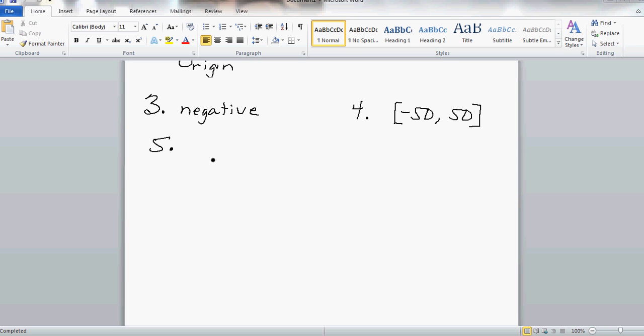Example number 5 asks, how often does the line y equals 20 intersect the graph? Well, y equals 20 is the horizontal line going where that first mark is. I know that because I have 5 marks leading to 100, so every mark would represent 20. If I just do the line y equals 20, which is the horizontal line, I see that it crosses the graph at 3 different locations.